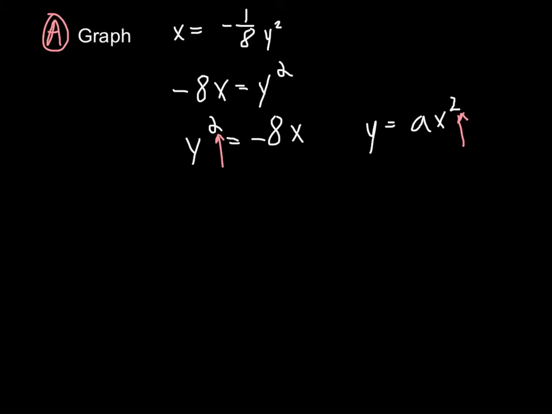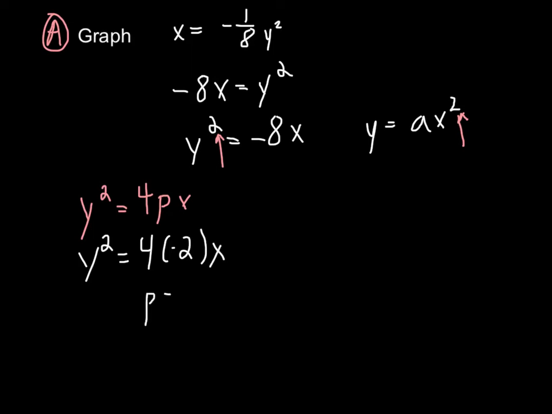So the book tells us next to identify the focus, directrix, and axis of symmetry. Now our equation has the form of y squared equals 4px. So if we're thinking in terms of this equation, we have y squared equals 4 times negative 2x, in which p is negative 2.